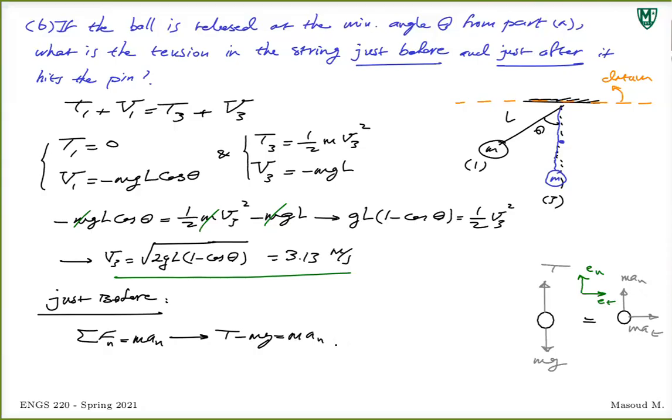And we know AN, with AN being V squared over R. Now V squared is V3, velocity at this point. What is R at this moment? Remember, R is the distance between what we have and the center of rotation, whatever that object is rotating around.